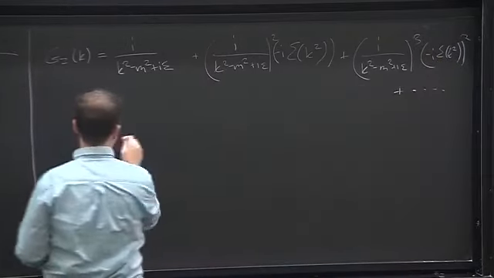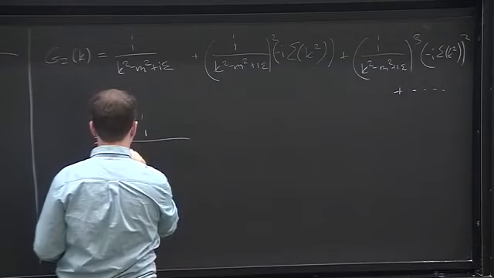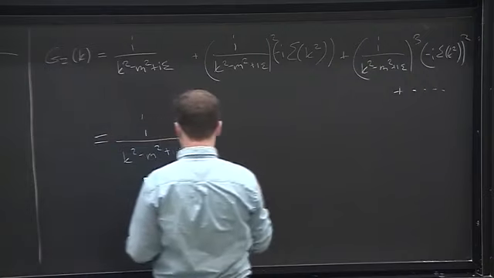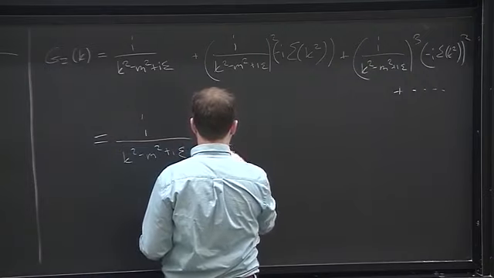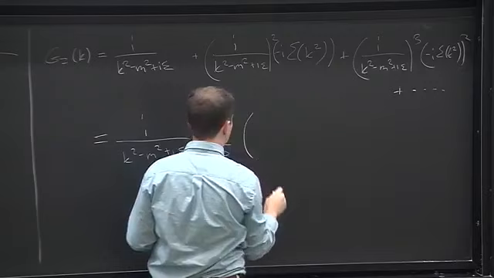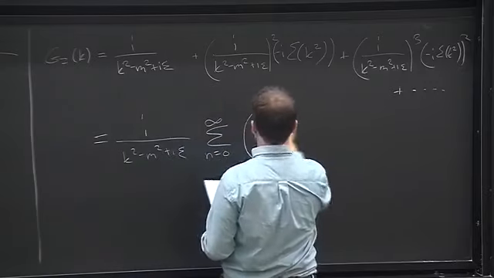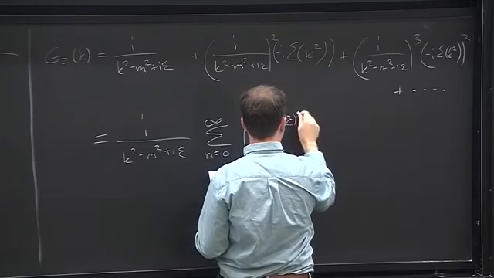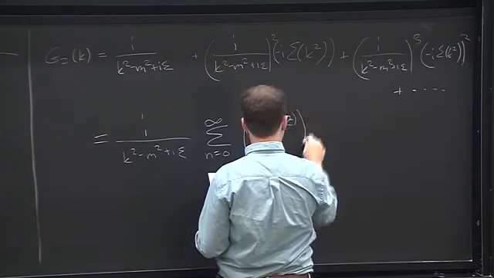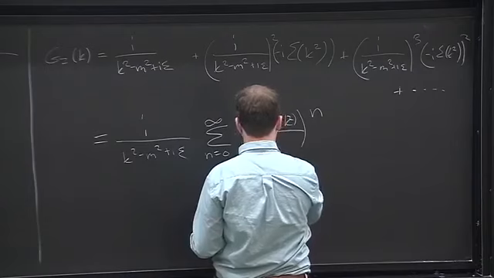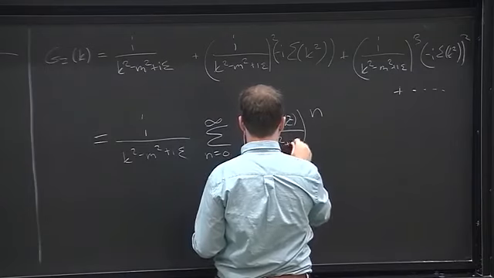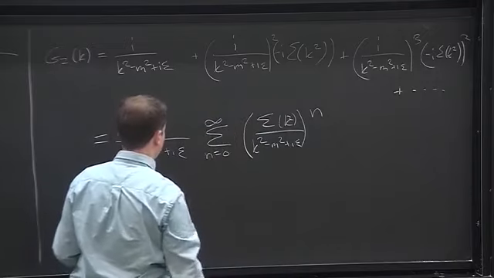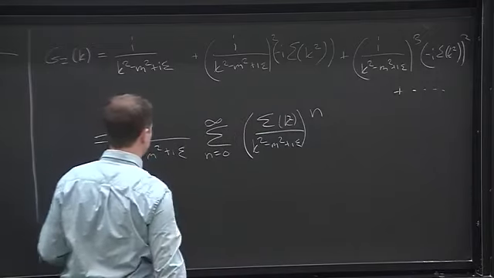And what we're left with is just a geometric series. And the i's and minus i's cancel, we get just the self-energy to the n. And we can sum this geometric series.